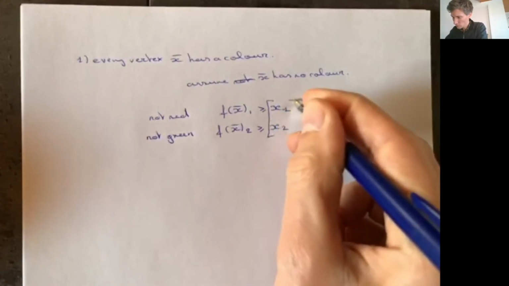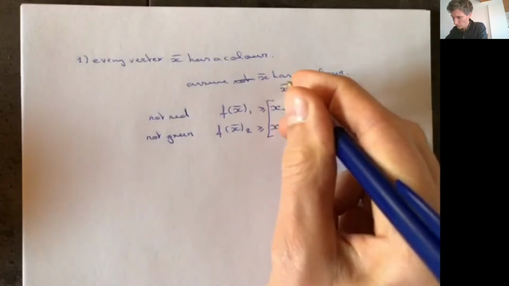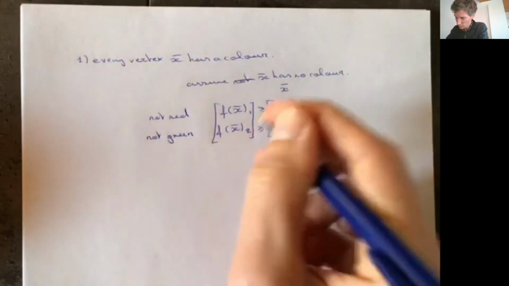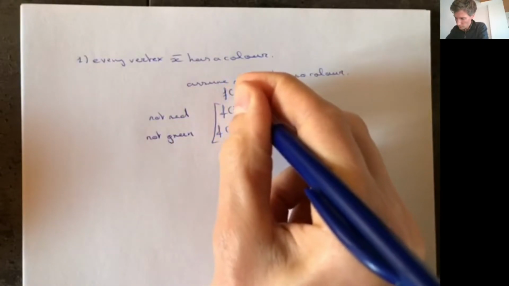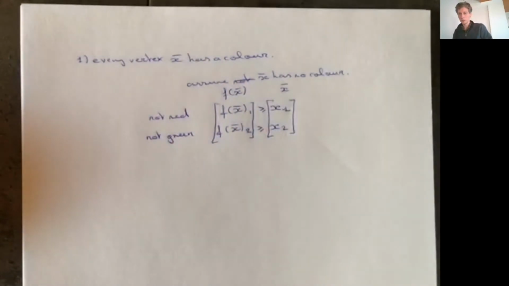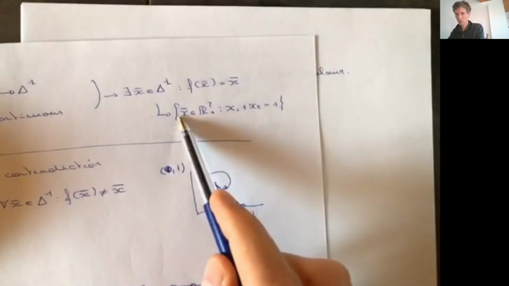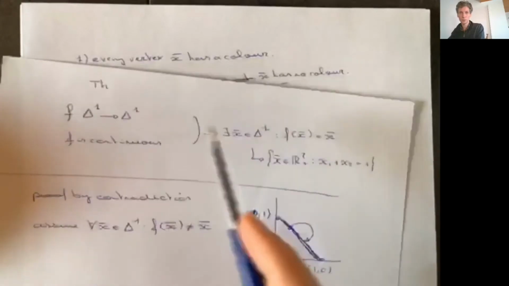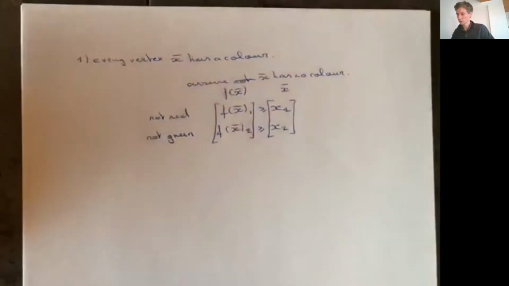Now x1 and x2 are the vector x, and f of x1 and f of x2 are the vector f of x. We know that x is in delta 1, and f of x is also in delta 1 because f goes from delta 1 to delta 1.